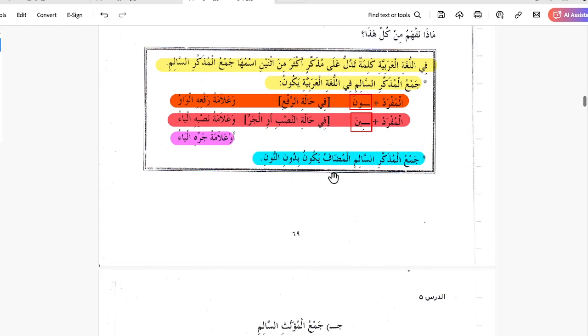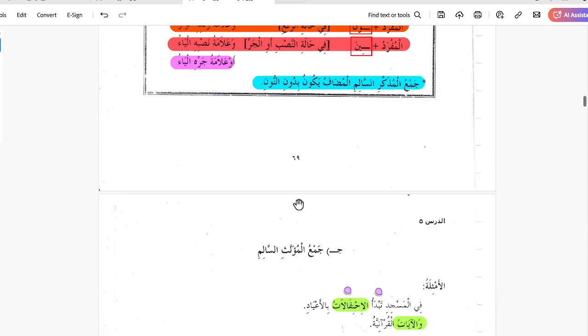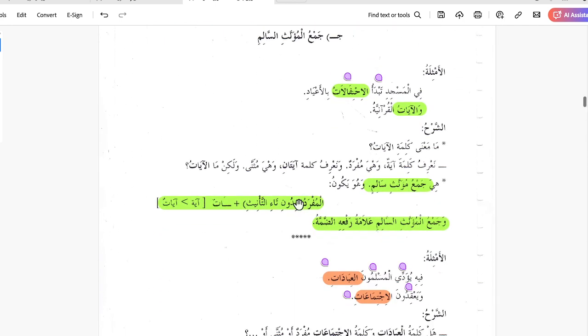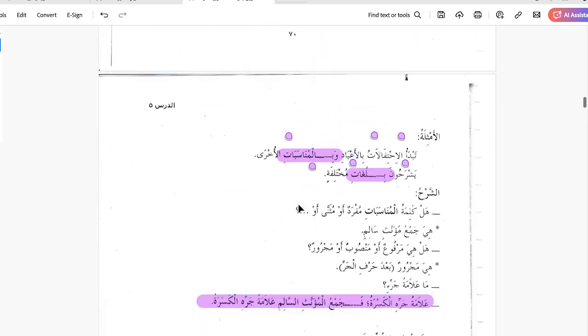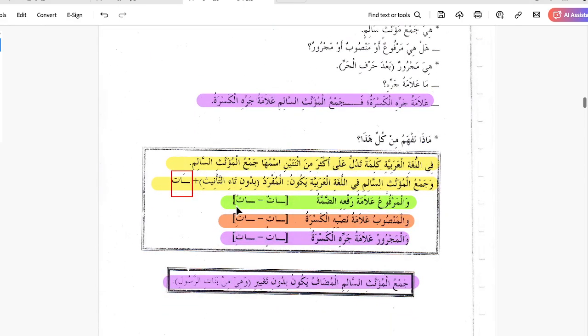And if we use those as a mudaf, then the noon is dropped. And for Jama Muannas Salim, the feminine plurals, we add atun or atu if it is al for the rafa form, and ati or atin for nasab or jar.